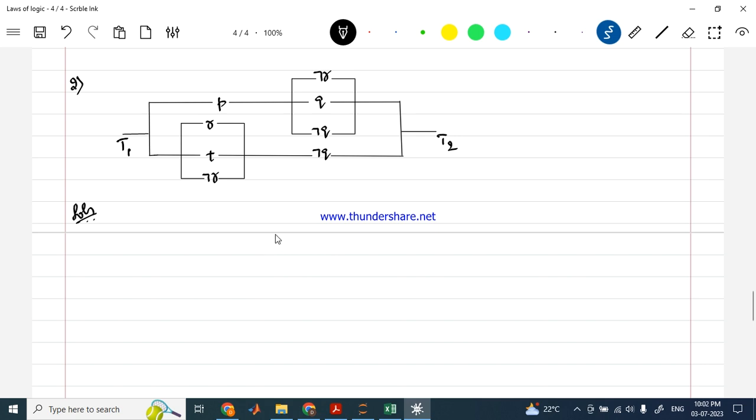So this one is basically a parallel connection. This is one circuit and there is a second circuit. These two are in parallel connection, which means it is basically a conjunction between two networks.